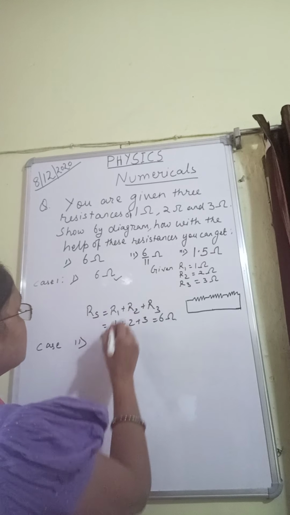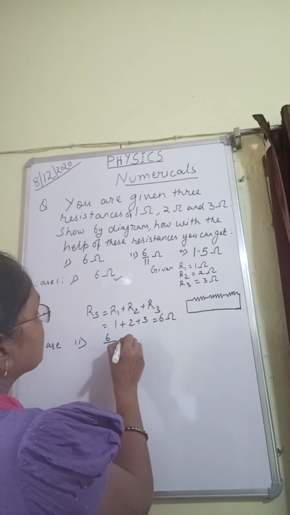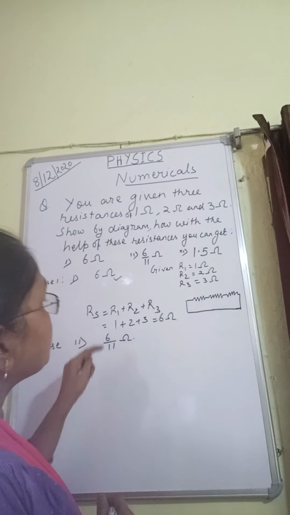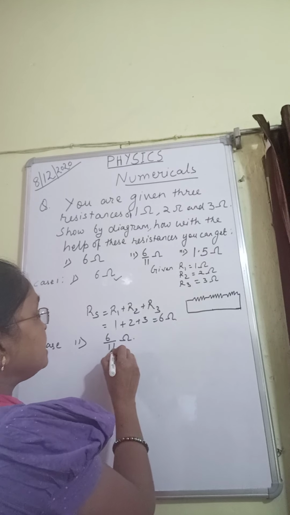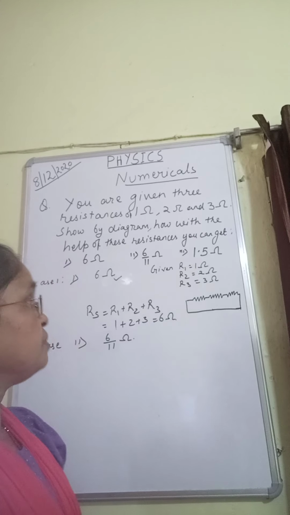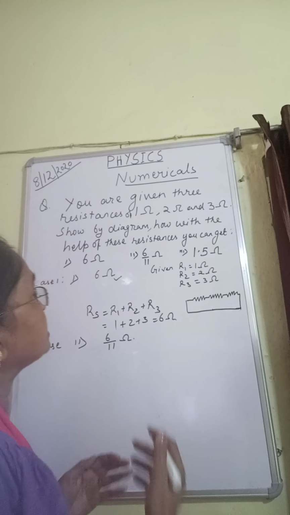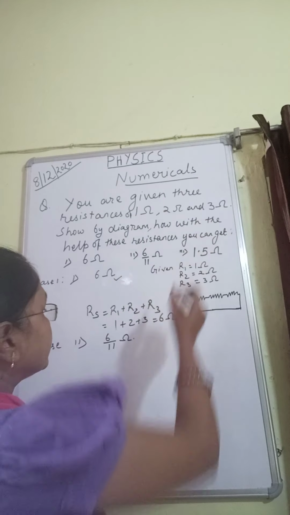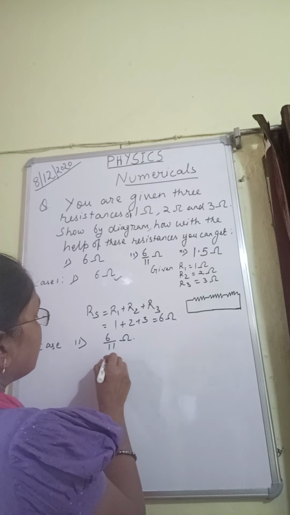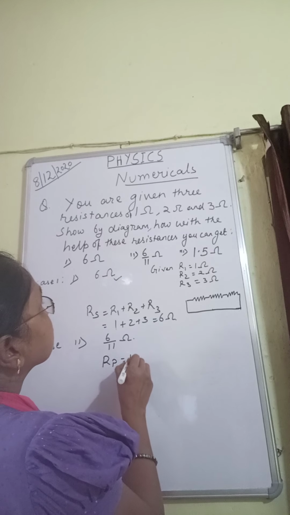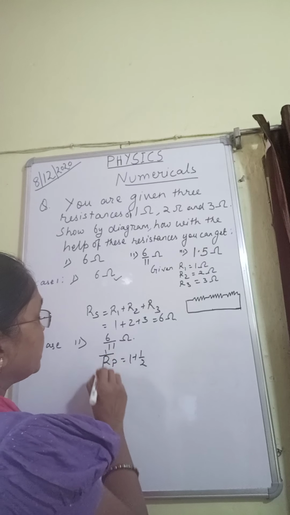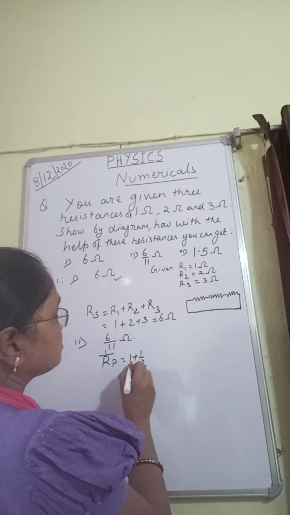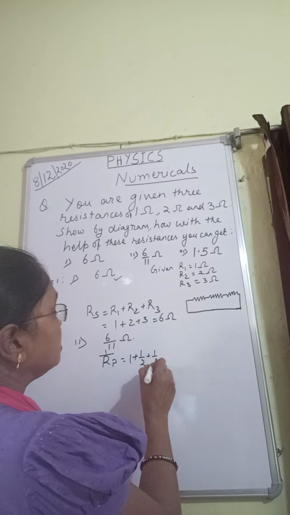Case 2, we have to get 6 by 11 ohm. That means here you see the denominator is greater. So let us see, if all three are connected in parallel, then 1 by R parallel is 1 plus 1 by 2 plus 1 by 3. So what will we get here?